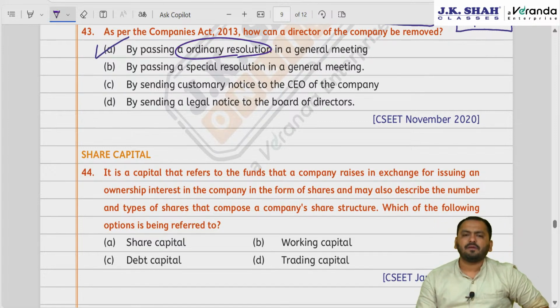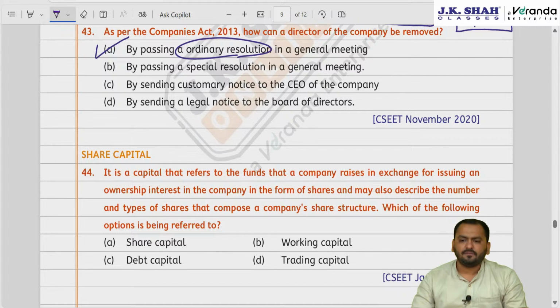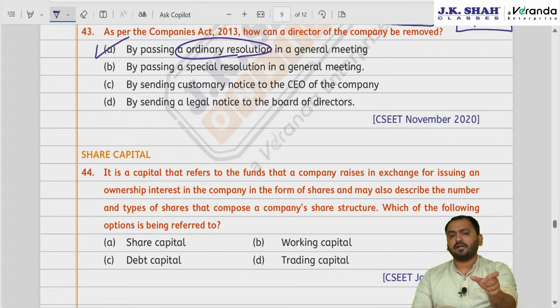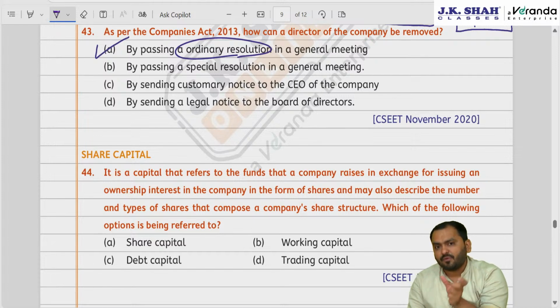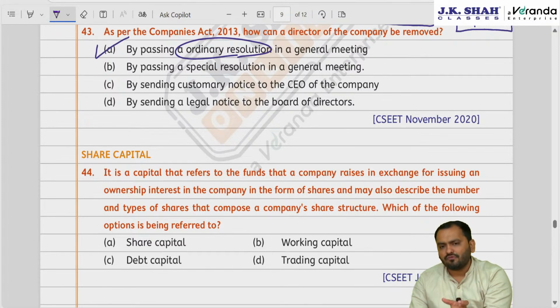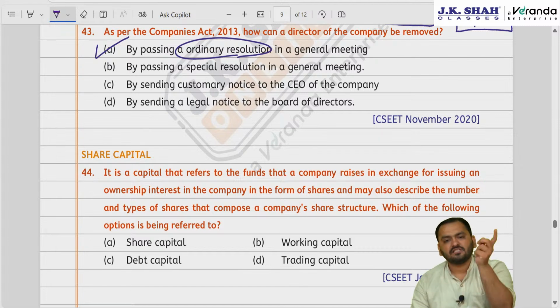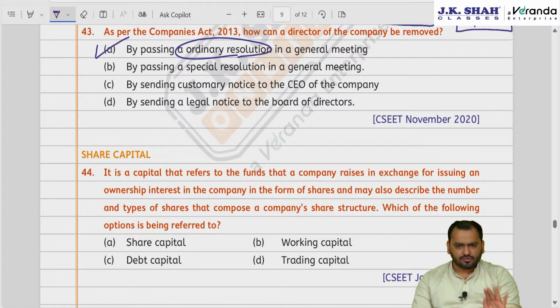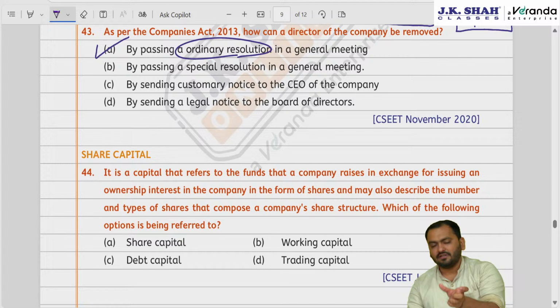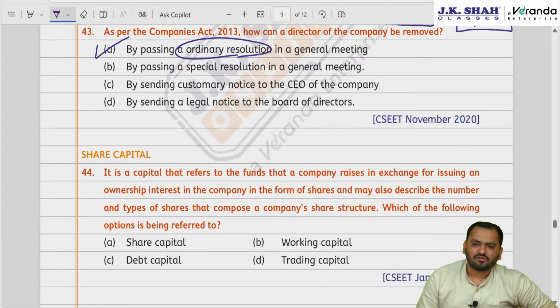But an independent director who has already completed his 5 years term and is now reappointed for another 5 years can be removed by passing special resolution. Remember this, please.